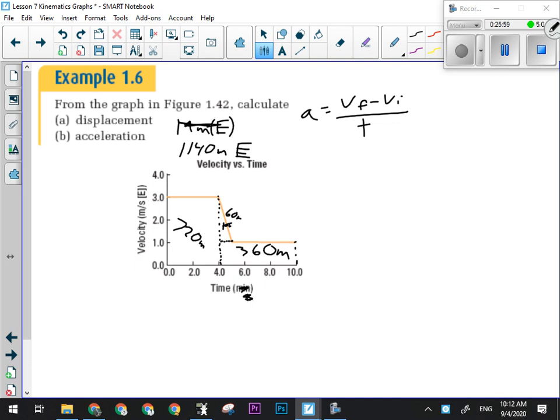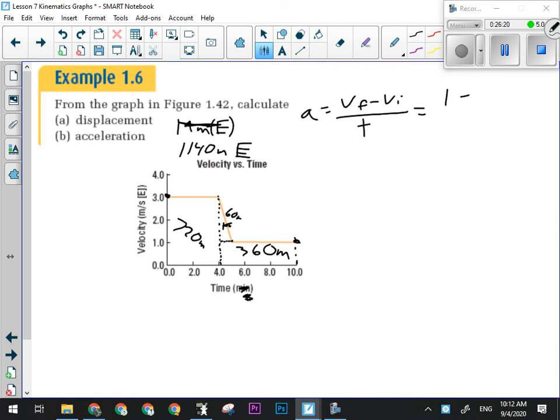Then we have to calculate the acceleration, and we could do this in meters per second per minute if we wanted to. It's a silly unit, but that's what we're given. If we're going to use this formula, over the whole trip it accelerates from 3 meters per second to 1 meter per second.